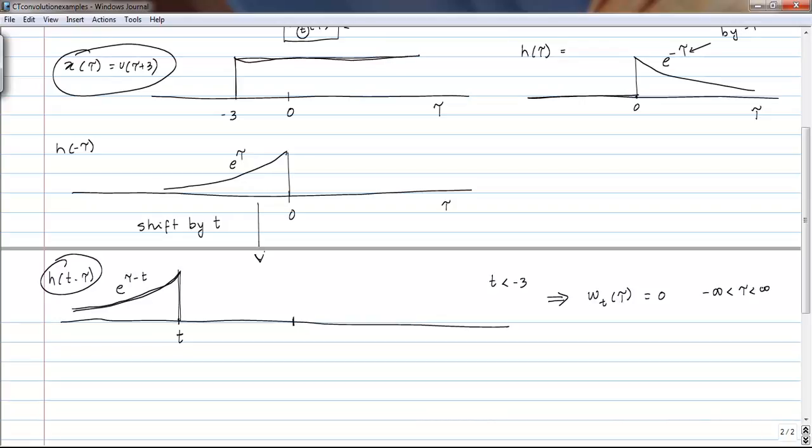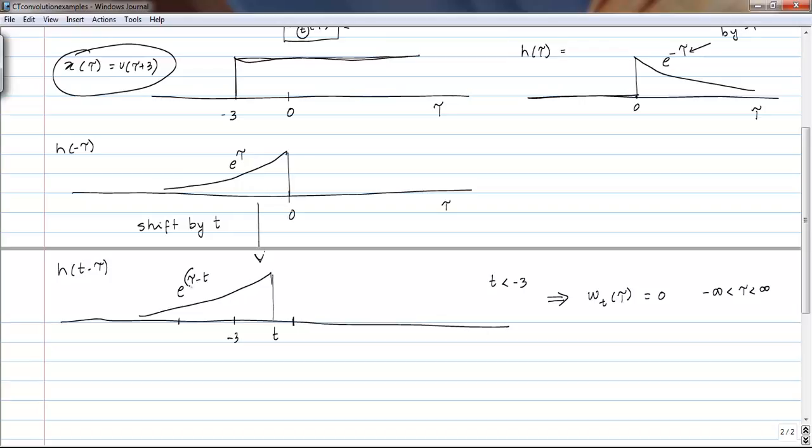However, if t is greater than minus 3, h of t minus tau is going to look like this. So t would be somewhere here. Minus 3 is here, t is here, and I have the function tau minus t.